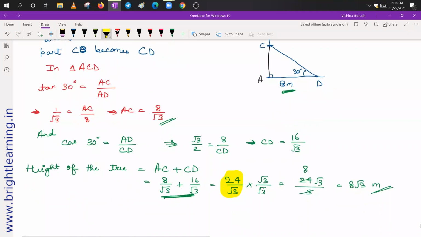Yes, sir. This is just an extra step. You can leave the answer here also, but in some cases a few teachers cut marks, like half a mark, because further rationalization is not done. So in that case better to be on the safe side, so you better rationalize it.